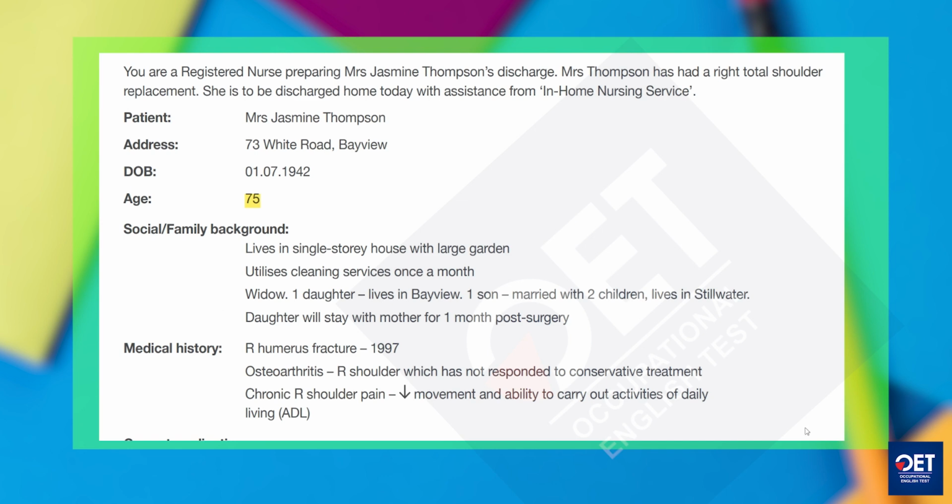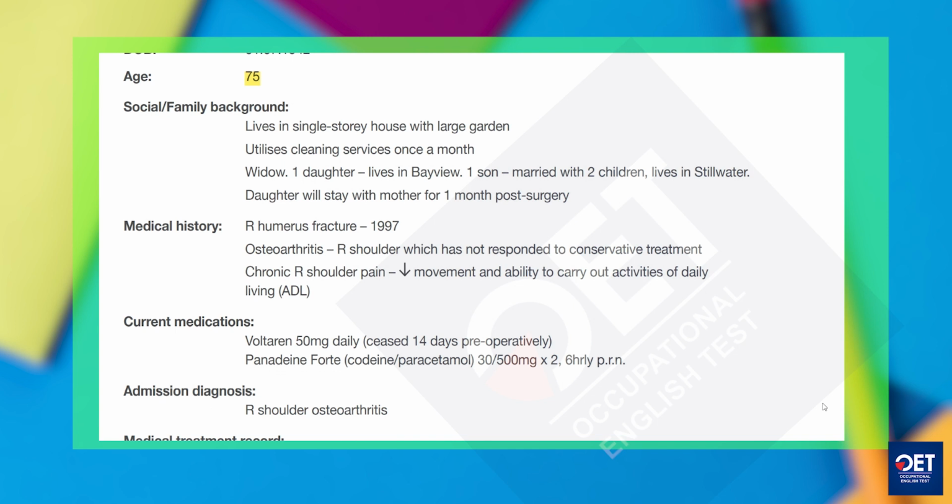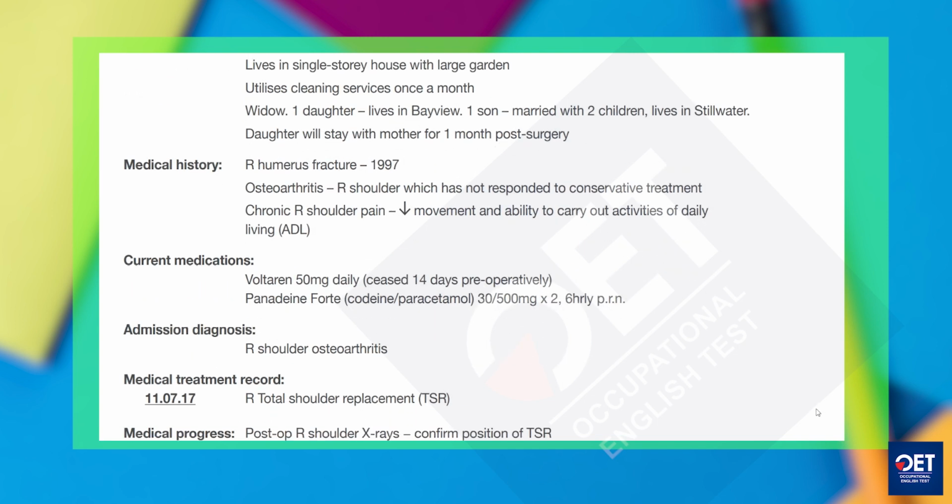So due to this pain she has some problem with movement and daily living activities. Current medications are Voltaren 50 mg daily and Pendinfort. Admission diagnosis is right shoulder osteoarthritis. So why was she admitted? The admission diagnosis is right shoulder osteoarthritis.